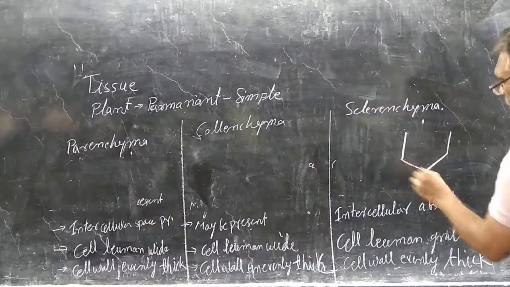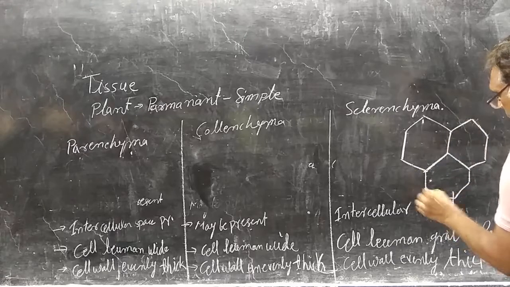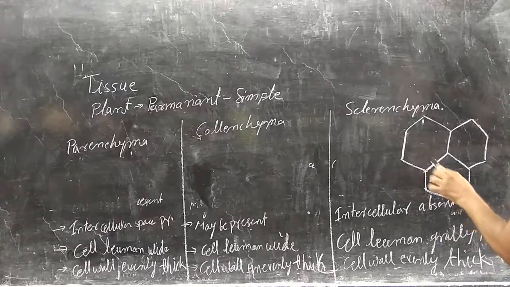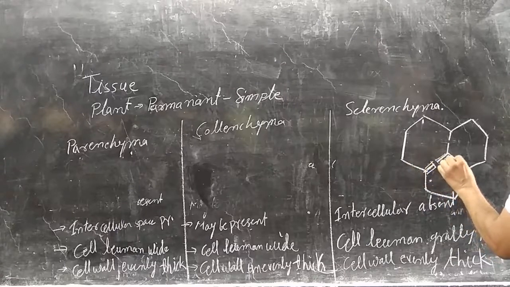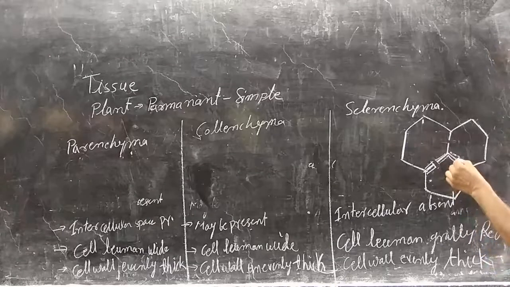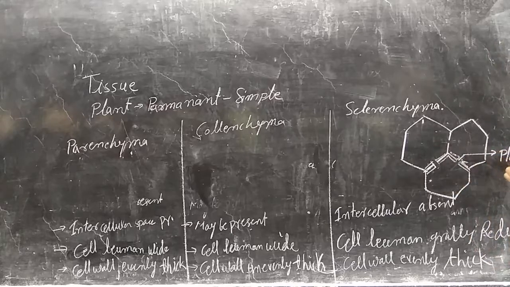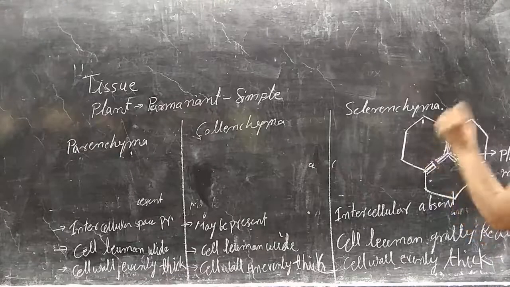This is one cell, this is another cell, and this is another cell. The connecting links present between the cells are known as plasmodesmata, through which one cell connects with another cell.